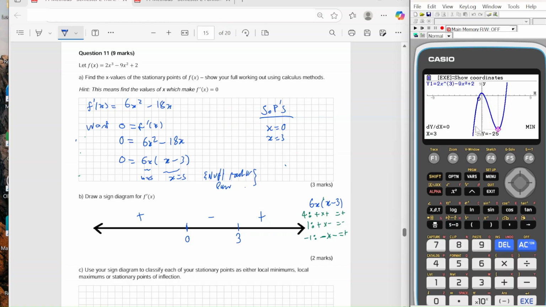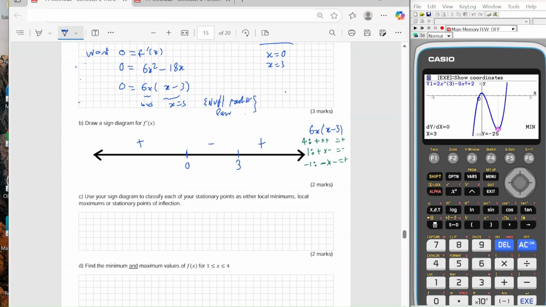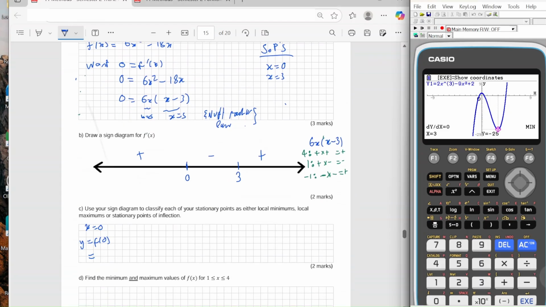Be aware that if these were stationary points of inflection, you couldn't use your calculator to find them, at least not in a straightforward way. Use your sign diagram to classify the stationary points. So we can already see it on the graph, but for x is 0, y is f of 0, which is 2.